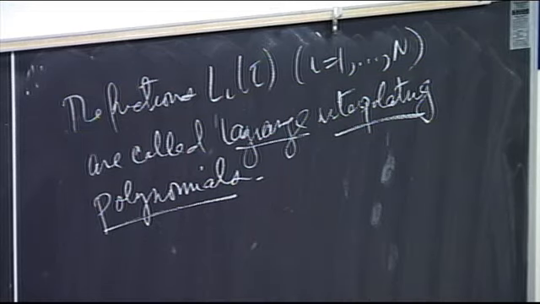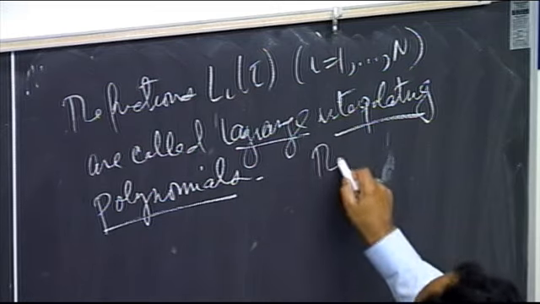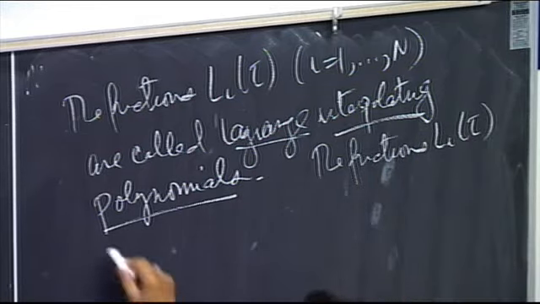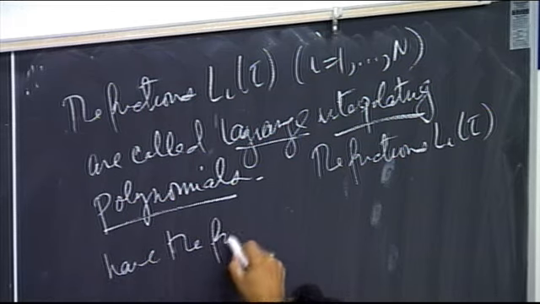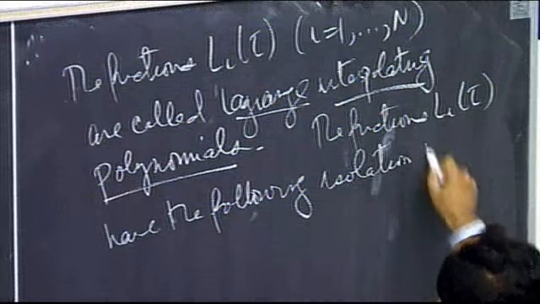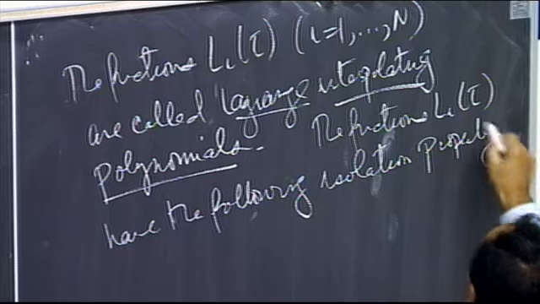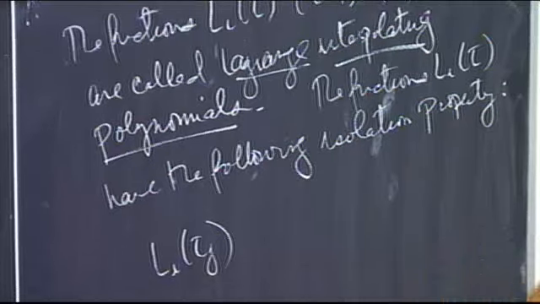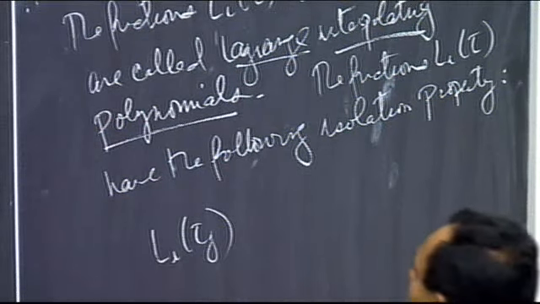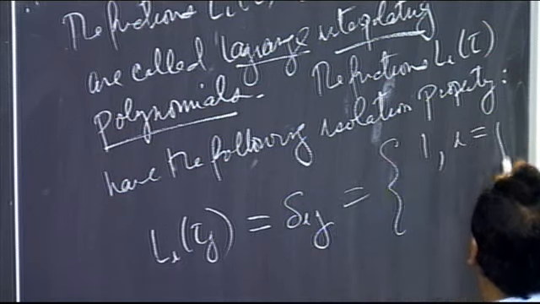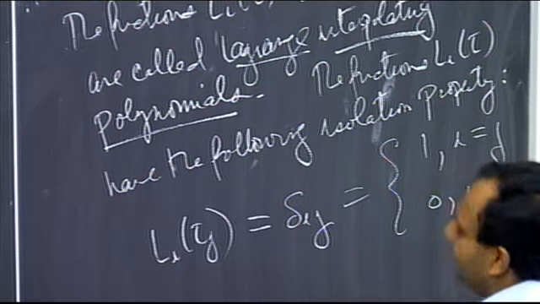Now, if you take these polynomials, you'll see that the functions Li of tau have what's called the isolation property, which is that if I evaluate Li at any of the support points, tau j, from that set there, then this is equal to delta ij, which again is equal to 1 if i is equal to j, and 0 if i is not equal to j.